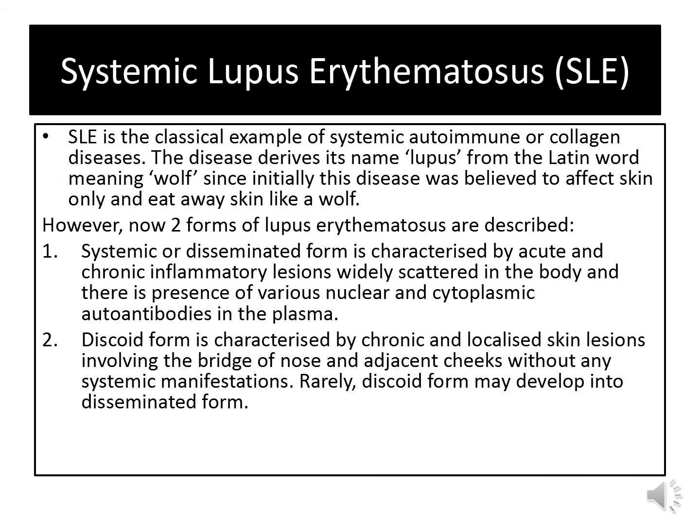A few examples, like systemic lupus erythematosus, a classical example of systemic autoimmune or collagen diseases. The disease derives its name lupus from the Latin word meaning wolf, since initially the disease was believed to attack skin only and eat away skin like a wolf.